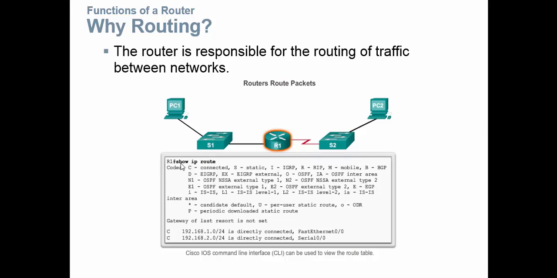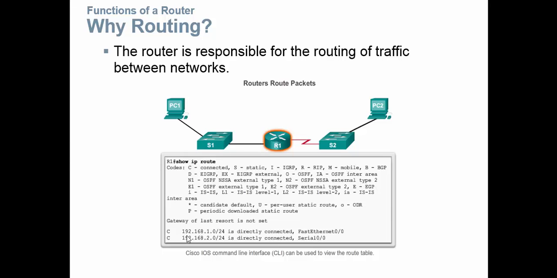In this particular example, I have two PCs, two switches, and my router. I've done show ip route as my command on my router, and it's showing me the two routes that are connected to my router. 192.168.1.0/24, so it's a 24-bit network, is directly connected to FastEthernet 0/0, as you see here by this illustration.